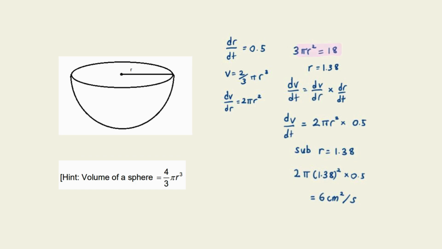Then we can find r, which we get as r equals 1.38. Now we can substitute the value of r into the equation, which will be 2 pi times 1.38 square times 0.5. Then calculate it using a calculator and we will get the final answer, which is 6 cm square per second.